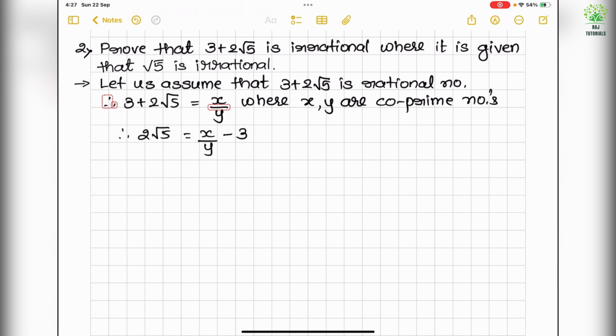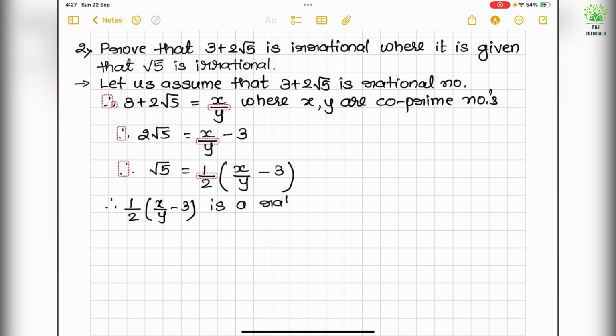So therefore I can say 2 root 5 equal to x upon y minus 3. So therefore root 5 equal to 1 by 2 into x upon y minus 3.